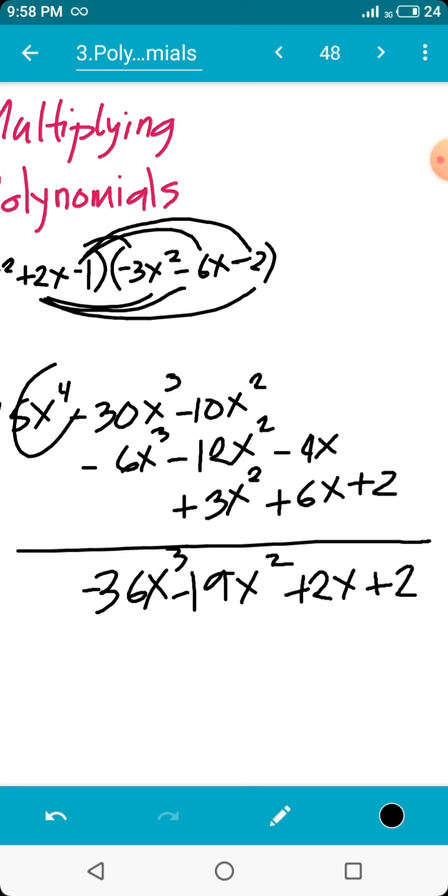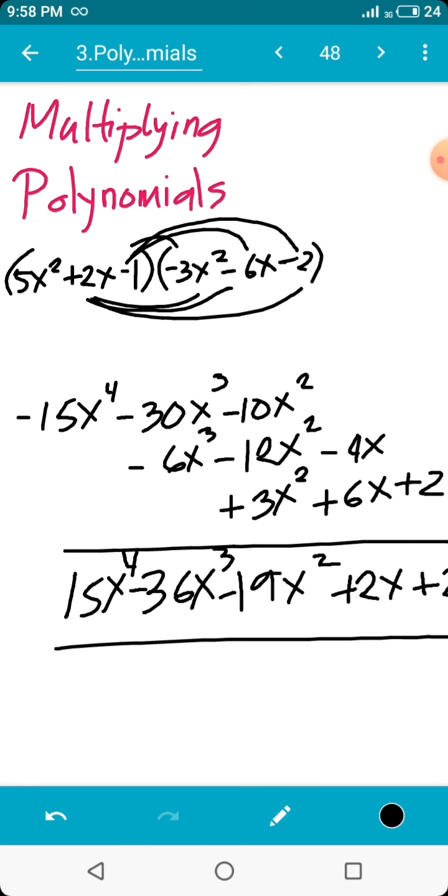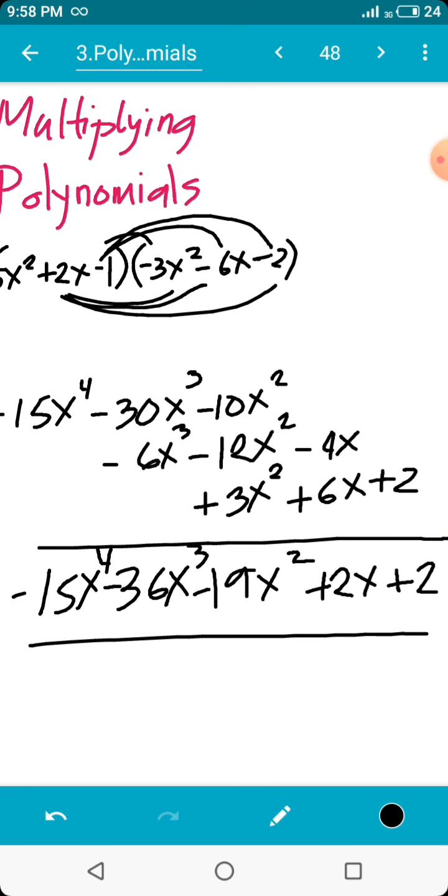And then, just bring down this, negative 15x raised to 4. Okay? So, ibig sabihin, ito yung product ng ating polynomials. So, that is negative 15x raised to 4 minus 36x cubed minus 19x squared plus 2x plus 2. Okay?